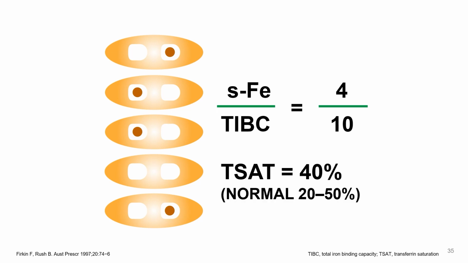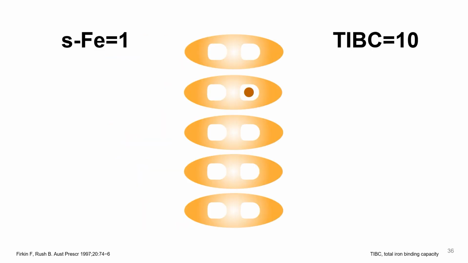Putting all of this together, we can see that the serum iron is 4, the binding capacity is 10, which means that the percentage of seats that are filled with iron is 40%, and that is what we call the transferrin saturation. This is completely normal, normal being between 20 and 50%. Here is another example.